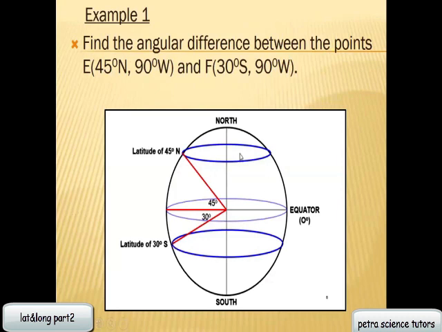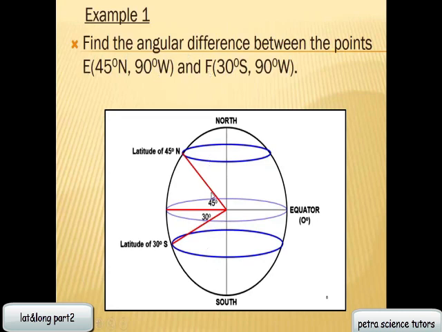If you look at this diagram of the Earth, above the equator we'll call the northern hemisphere, and below the equator the southern hemisphere. So how are we going to find the angular difference between points E and F?